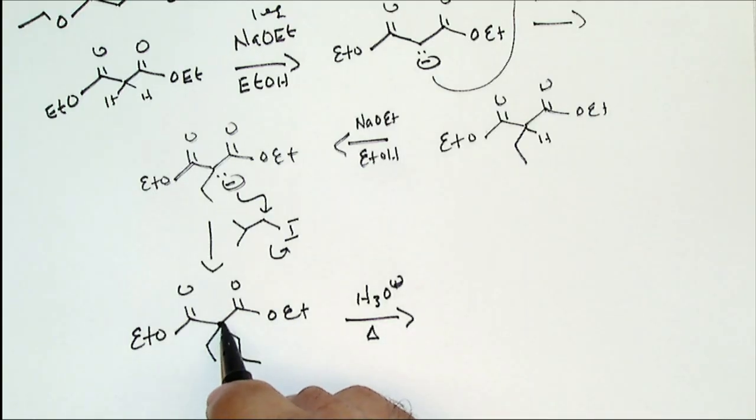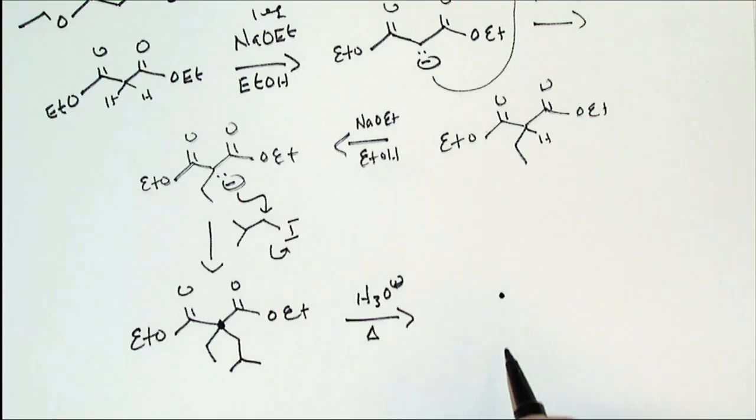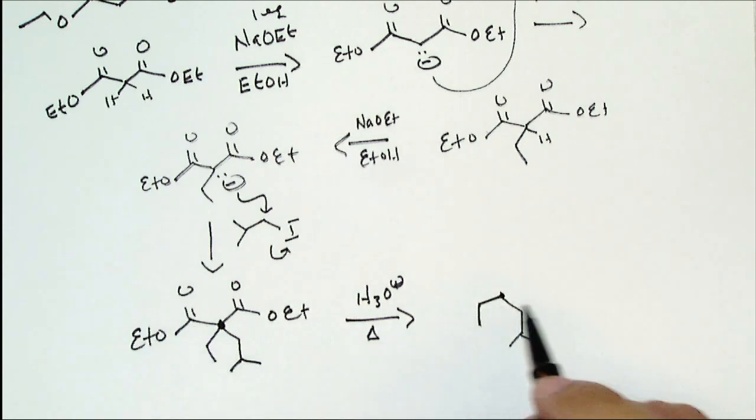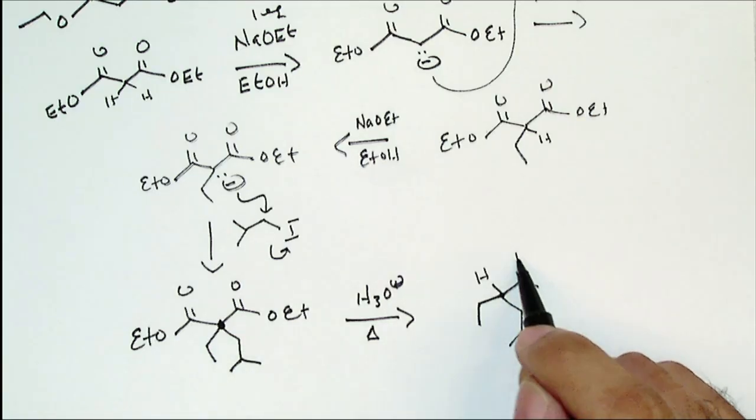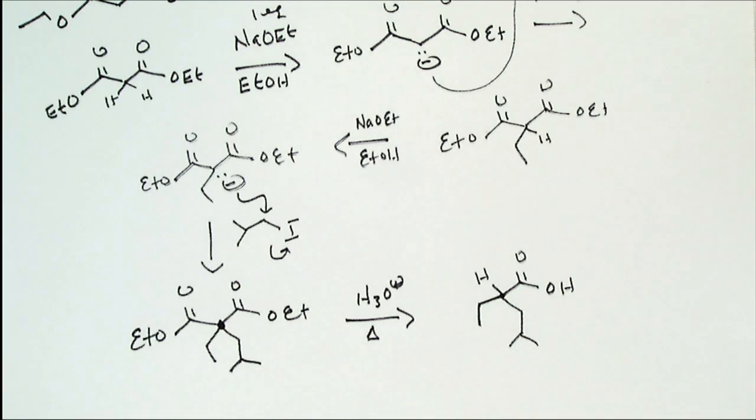So I'll just put a little dot there to keep track of that. So here's the product. Here's the little dot that I'm keeping track of. It has an ethyl group, which is that. It has an isobutyl group, which is that. So this ester group on the left goes away, and instead you'll get a hydrogen. This ester group on the right becomes an acid.